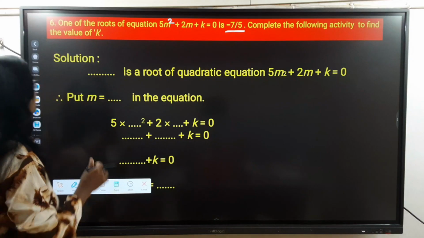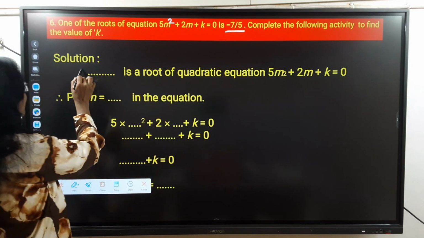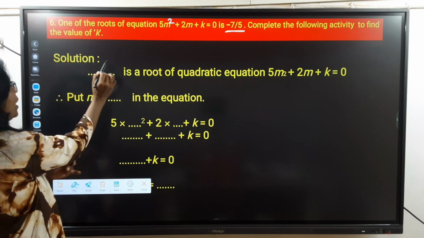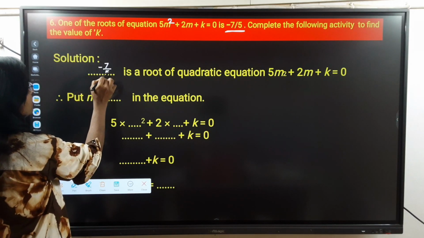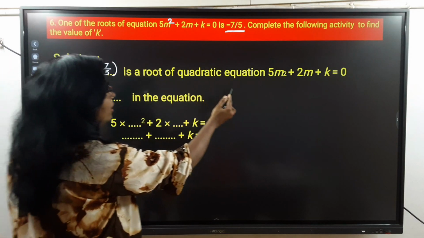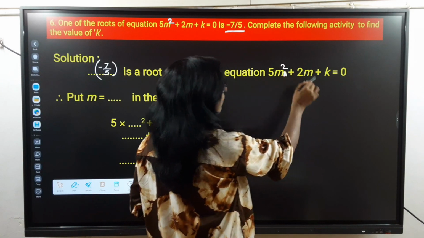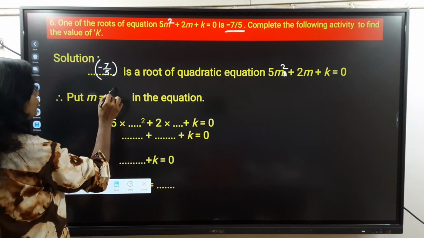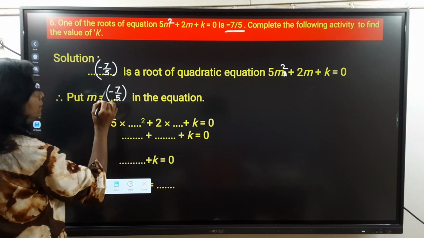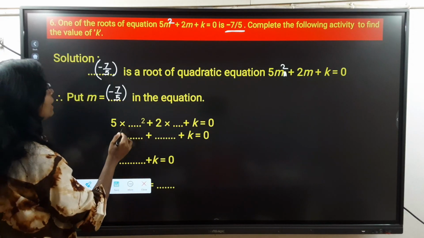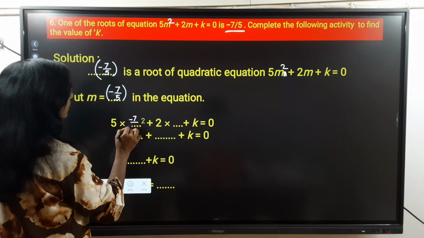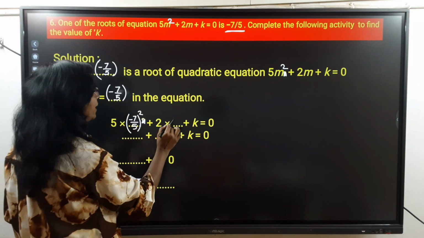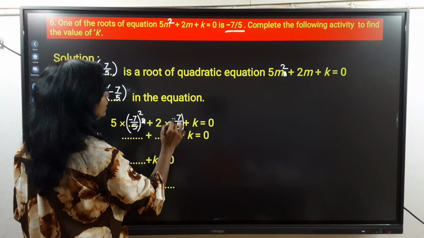So the solution becomes, here we say that m is equal to minus 7 upon 5 is a root of quadratic equation 5m square plus 2m plus k is equal to 0. Therefore put m is equal to minus 7 upon 5 in the equation.